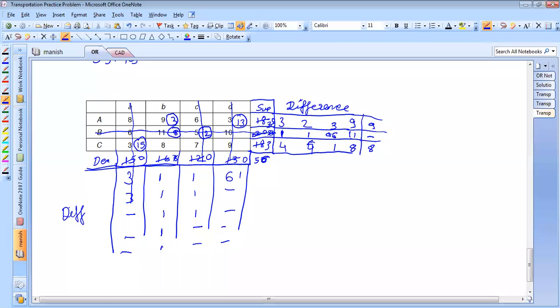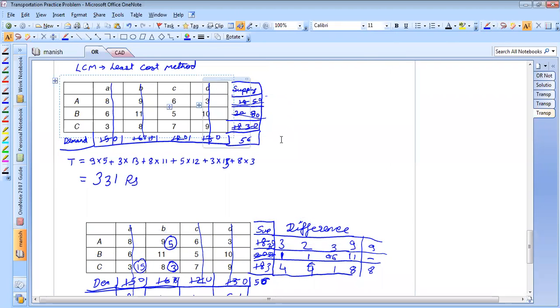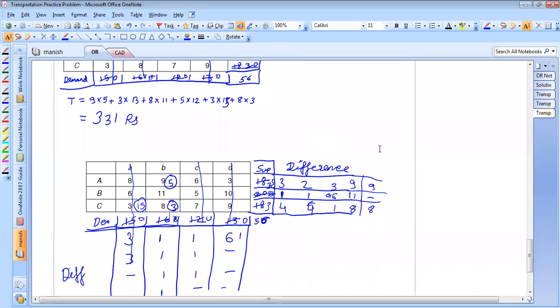No, here it is not 6. Here it is 5. So we will make an allocation of 5 here. Allocation is 5. Here it is 3. I think almost the same allocation we have got for the above one. Is it correct?